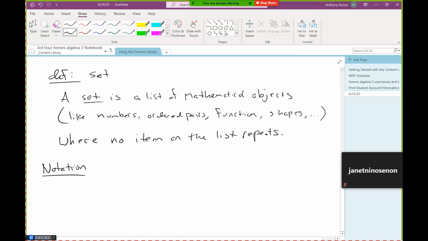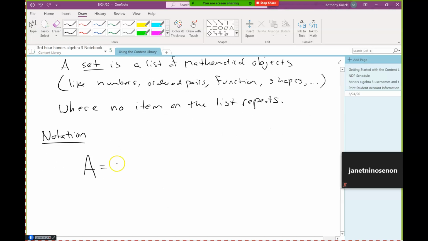So we have some important notation that we use to describe sets. Typically we name a set with a capital letter. And then before we start our list, we're going to start with one of these squiggly brackets. And then depending on what our set is, there are two different standard notations that we might use.